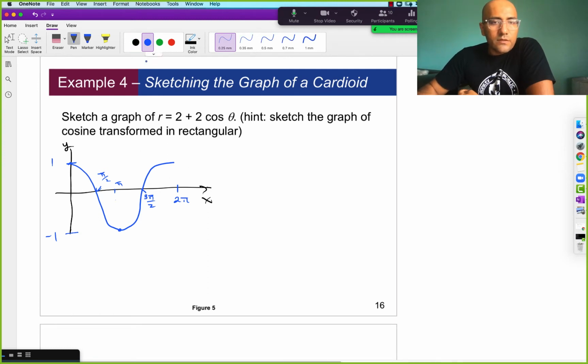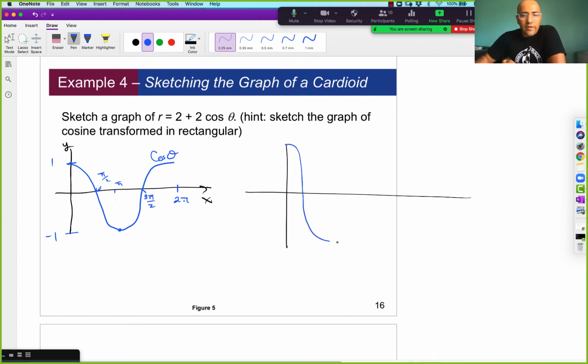Right, so this one's cosine of theta. So now let's do 2 cosine theta. It's going to be even more dramatic. Something like that. But it goes up to +2 and down to -2.